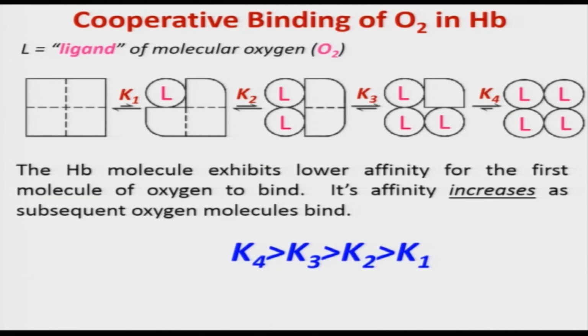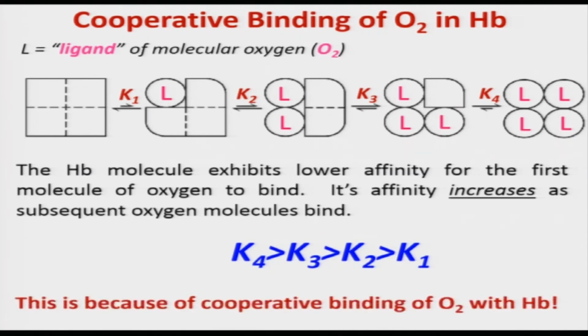So, K4 is more than K3, which is more than K2, which is more than K1. The order is completely reversed as compared to the statistical probability we have just seen in my previous slide. This is because of the cooperative binding of oxygen with hemoglobin, which is possible because of this tetrameric nature.